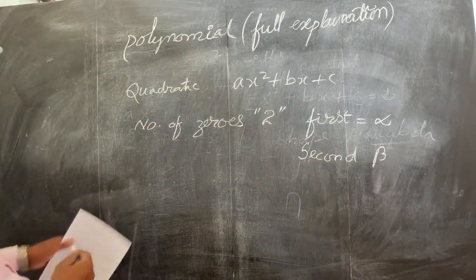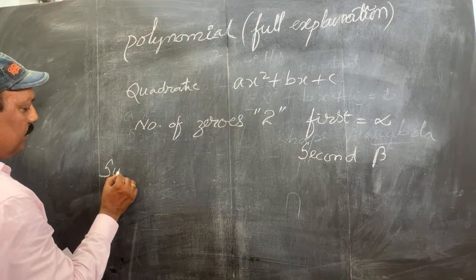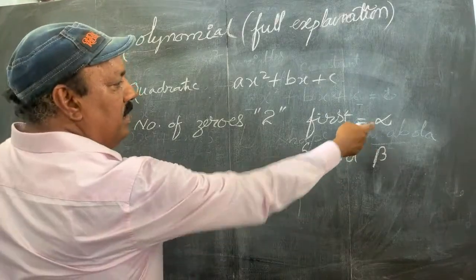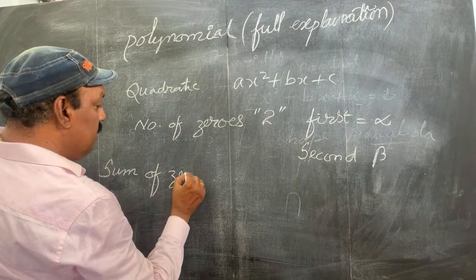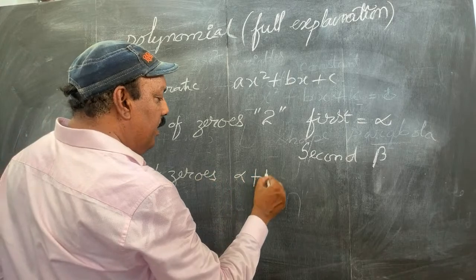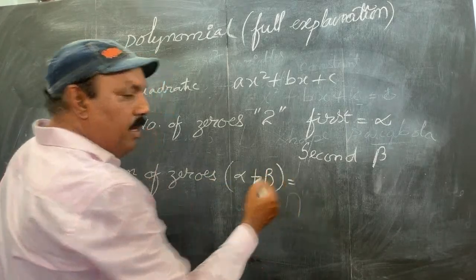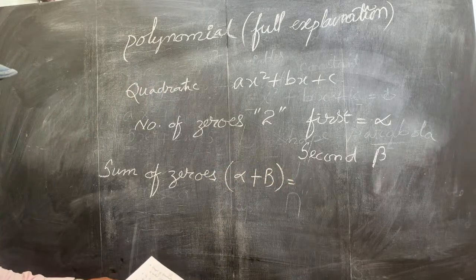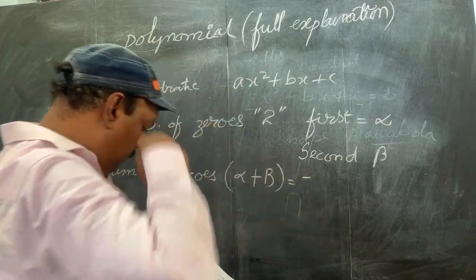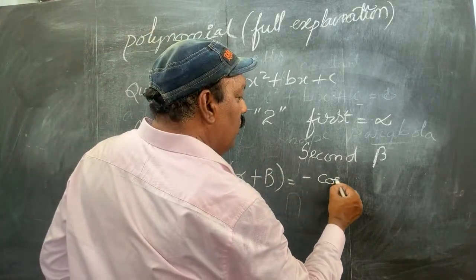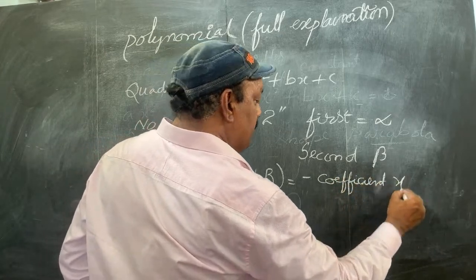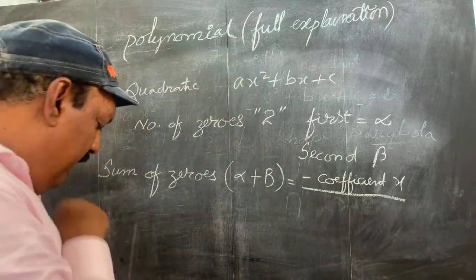What is the first formula according to this? Sum of the zeros, that means we are adding the zeros: alpha plus beta. The sum of the zeros is minus coefficient of x by coefficient of x square.